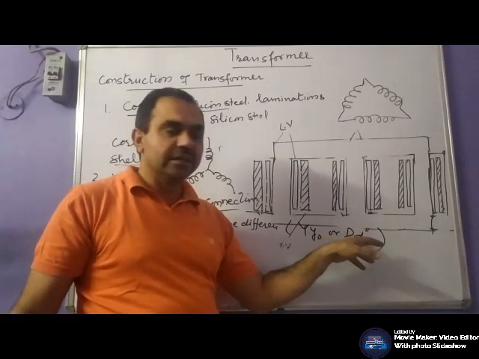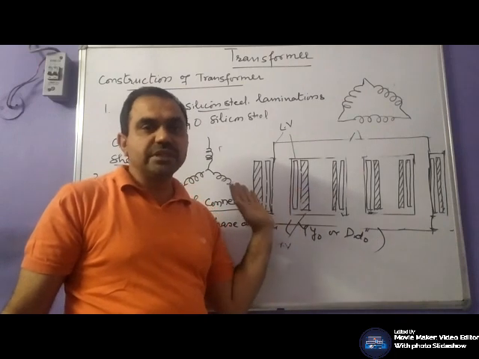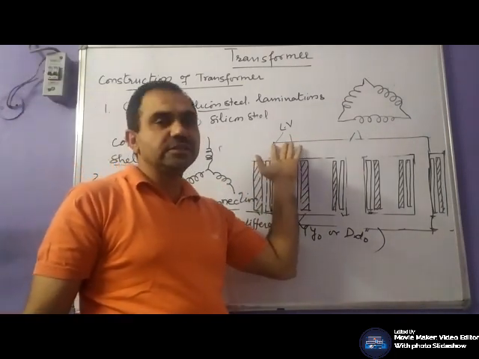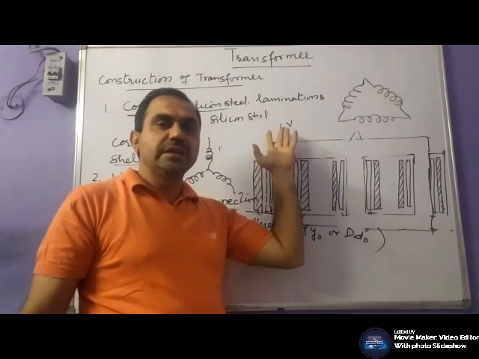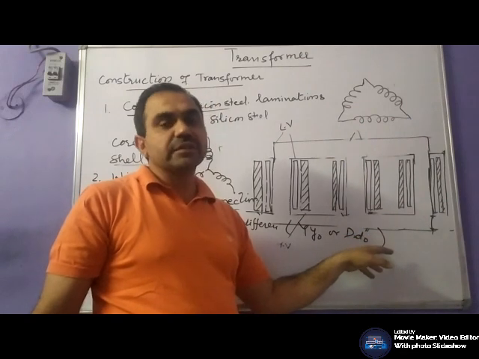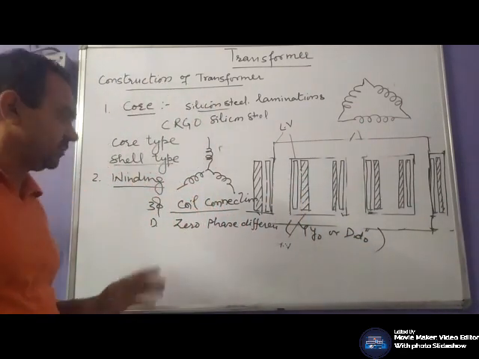Likewise, delta-delta: if the low voltage winding is the primary, it is connected in delta, and the high voltage winding is connected in delta, with 0 phase displacement.